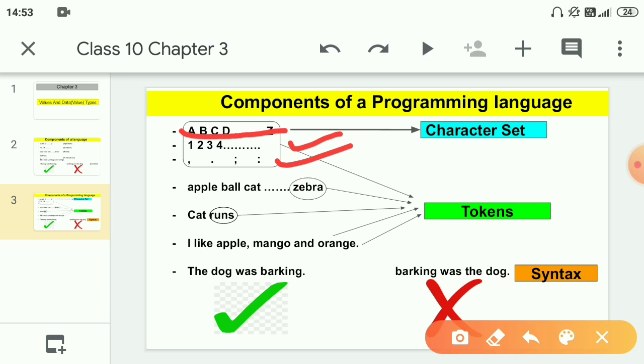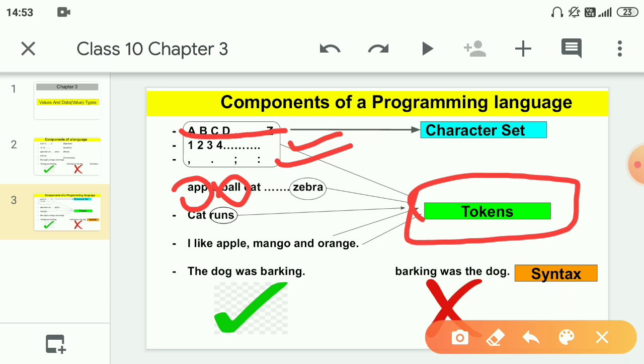By combining these characters, we can form words, like apple, ball, cat. And these words are part of something known as tokens. In a normal language, a word is a word, right?